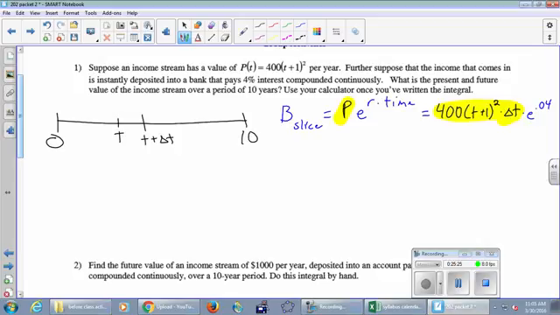And then times time. It could be tempting to put a t up there. What is it? It's what minus? Give me a number, not an m. It's 10 minus t. That's how long that money has to grow. You didn't get it until t years into this experiment, so it's got 10 minus t years left to grow. Let's try e to the 0.04 times (10 minus t). There we go. That's the future value of the money coming in on that little slice of time.